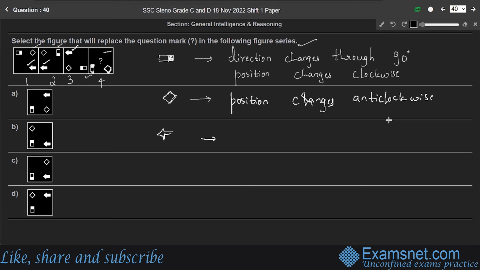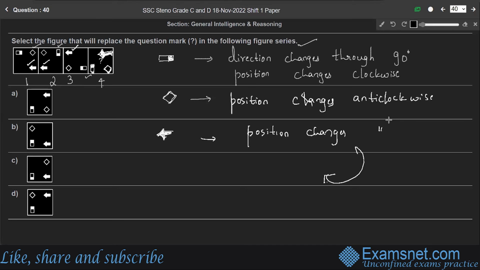So there is no change in the direction of the arrow. It is shaded in every figure. No change in the direction, only the position changes. So the position changes anti-clockwise. Sorry, not anti-clockwise, it is clockwise.